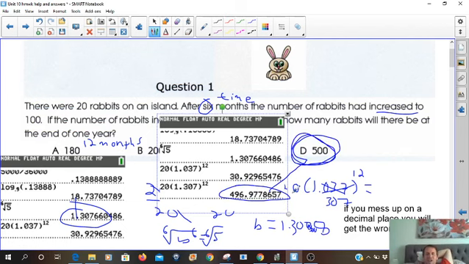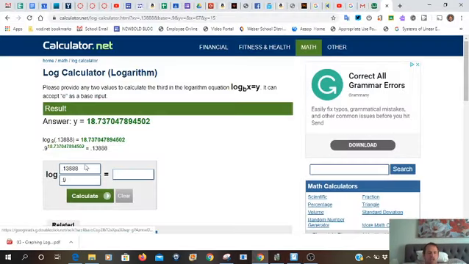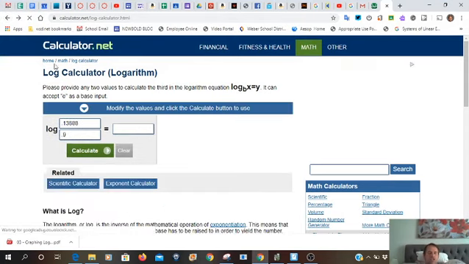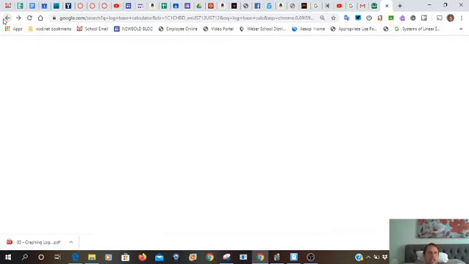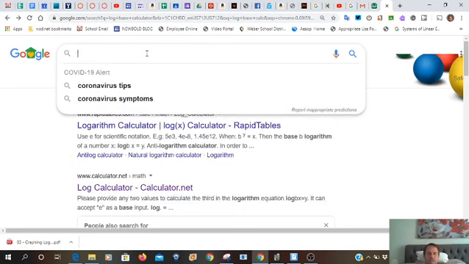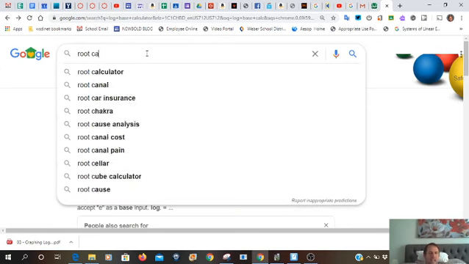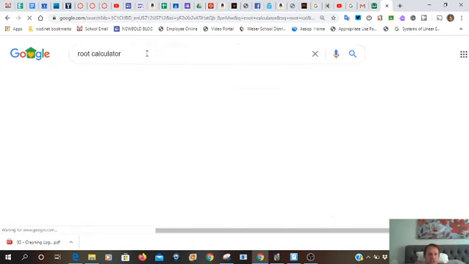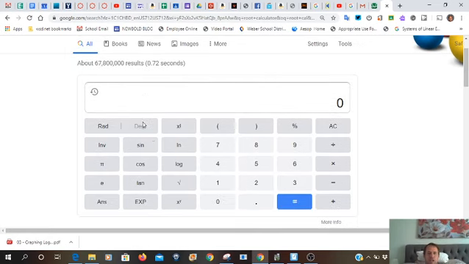Okay, so then again, last but not least, if you're trying to do a log, you can use calculator.net. If you're trying to do an nth root, you can look for a root calculator, because you can also use the internet for that. So we were trying to do the 6th root, I believe.